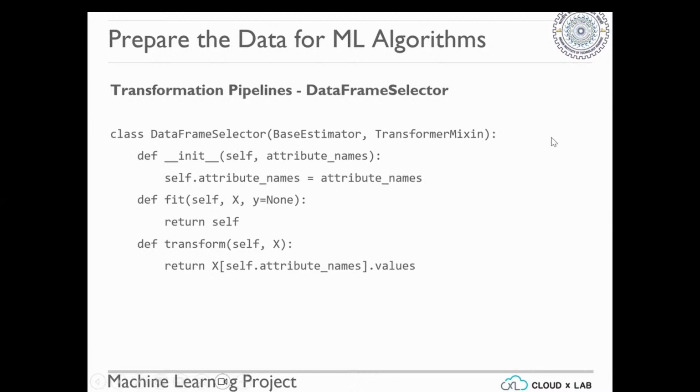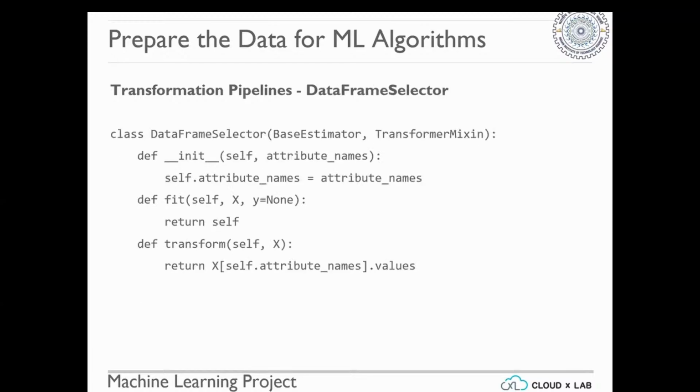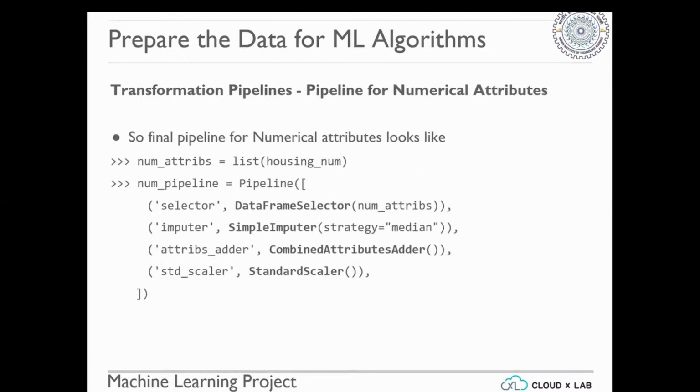Any doubt? Okay. So what this code will do is convert a data frame to a NumPy array, right? So if you are using an old version of scikit-learn, then you can write this line, DataFrameSelector.